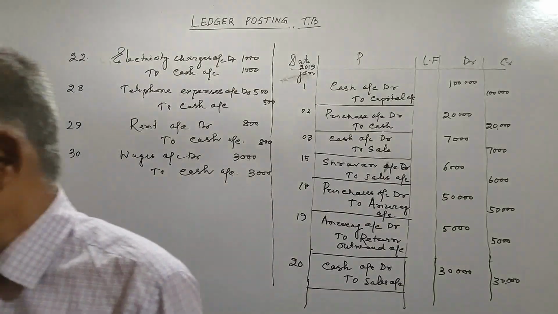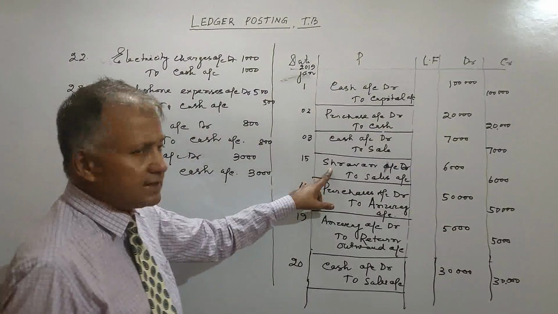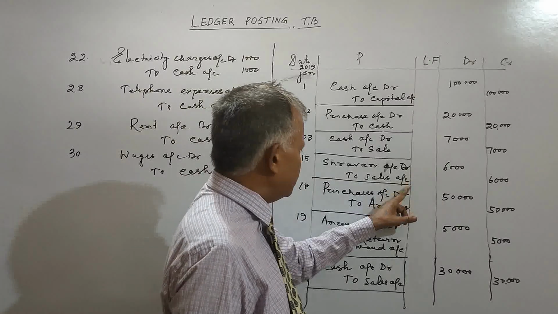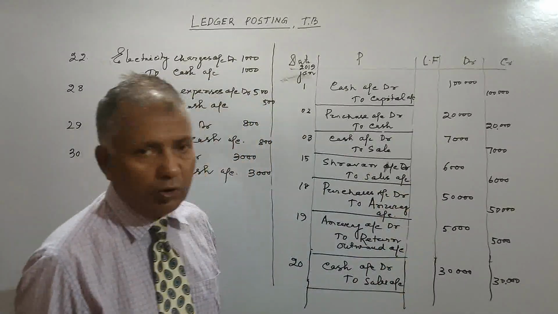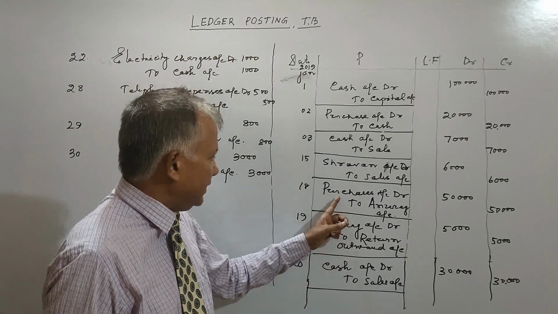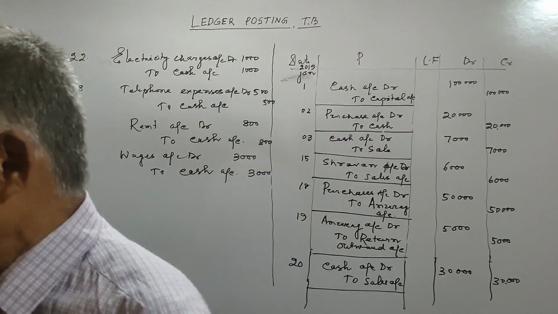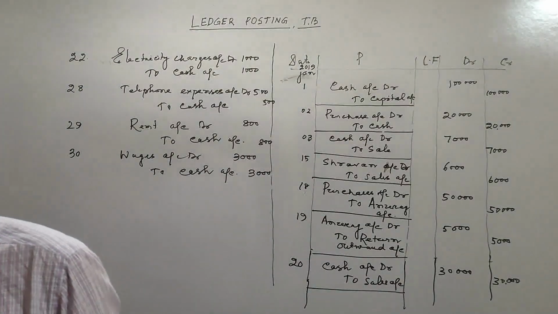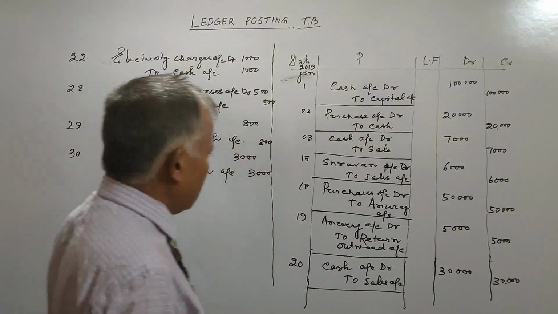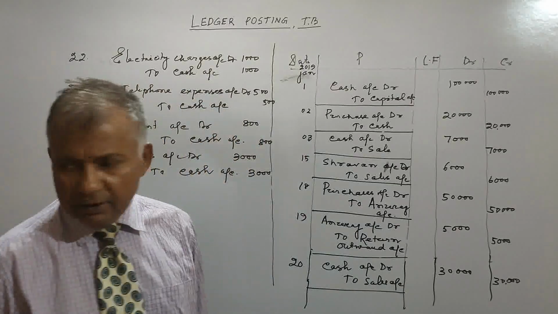Then goods sold to Shravan of Delhi. This is a credit sale. Shravan account debit to sale, being the goods sold to Shravan on credit. Purchase account debit to Anurag, being the goods purchased on credit. Returned goods to Anurag, Anurag account debit to return outward.